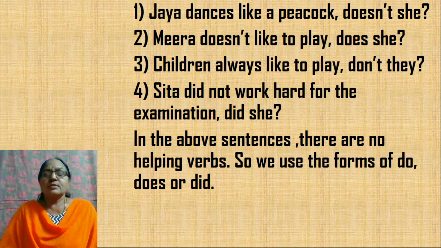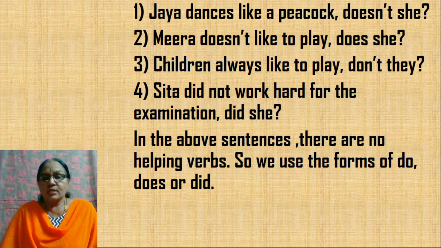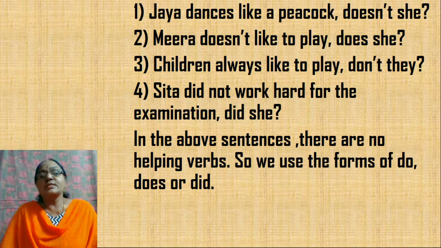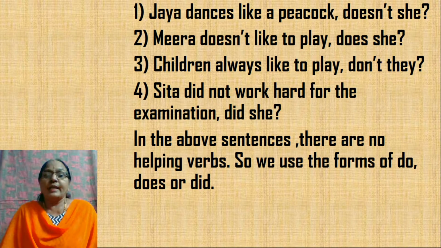Now look at this sentence here. Jaya dances like a peacock, doesn't she? Meera doesn't like to play, does she? Children always like to play, don't they? Then the fourth one.